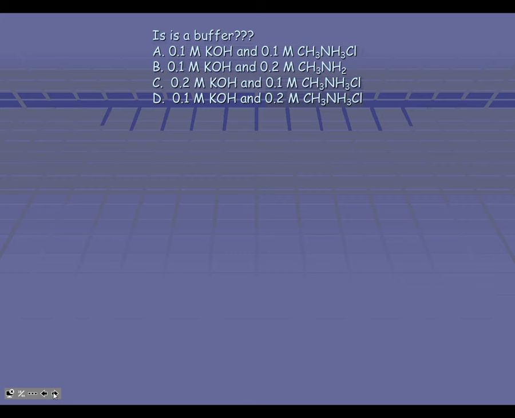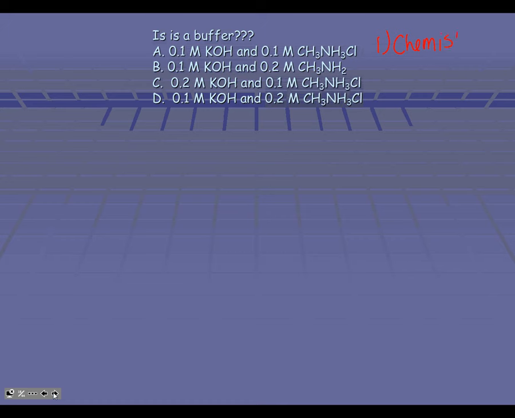So actually what we want to see is at the end of this problem, after we consider the chemistry. We're going to consider the chemistry first, then we're going to consider the stoichiometry. What we want to do is figure out, is there buffering components left? So I have two steps here for you. The first thing we're going to do is the chemistry.